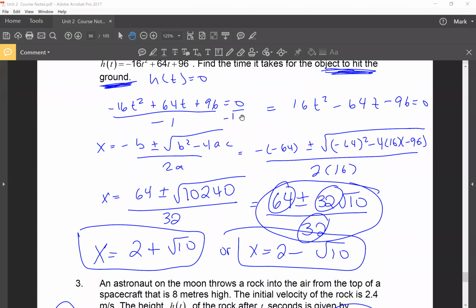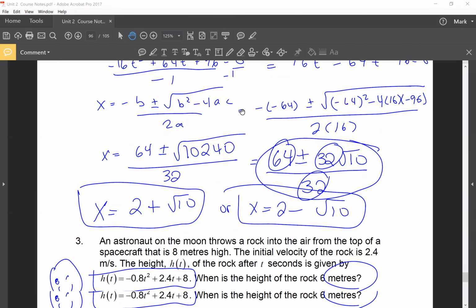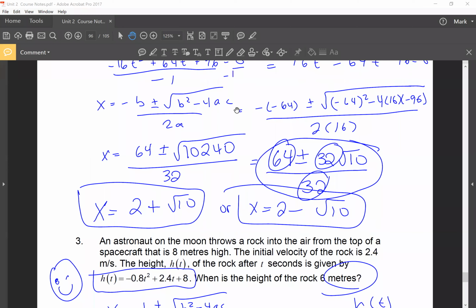Well, if this was like a physics problem, this number equals a negative answer, and this one equals a positive answer. So if you were solving this on a cell phone or something like that, 2 plus root 10 would be, if you solve this on a calculator, 5.16.